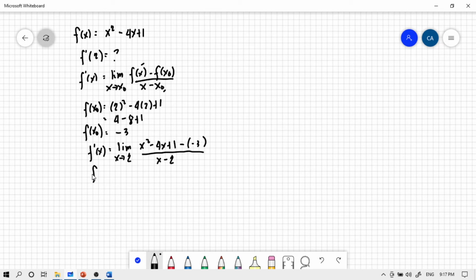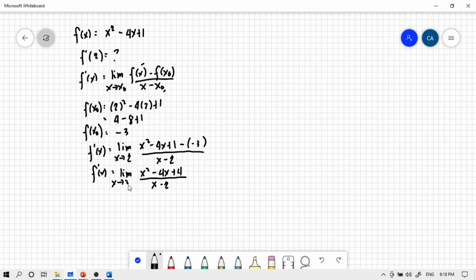Simplify natin. We have the limit of x squared minus 4x. So we have 1 minus negative 3 is positive 4. Divide by x minus 2 as x approaches 2.